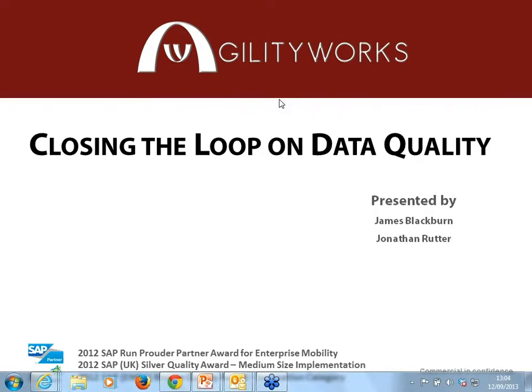I'm a solution lead in the data management space at AgilityWorks. I've been working with SAP products for about 20 years, and I specialize mainly around data management, data quality, data integration, and data migration and cleansing.